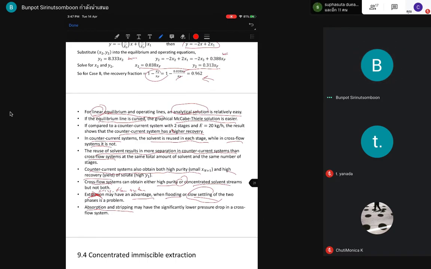But again, less problem with the pressure drop, but also less separation, lower performance. So you have to think about pros and cons when you decide what kind of unit you want to use.